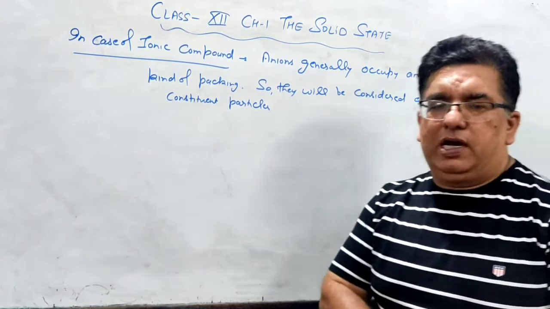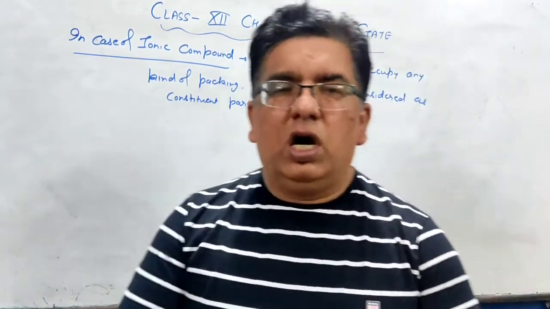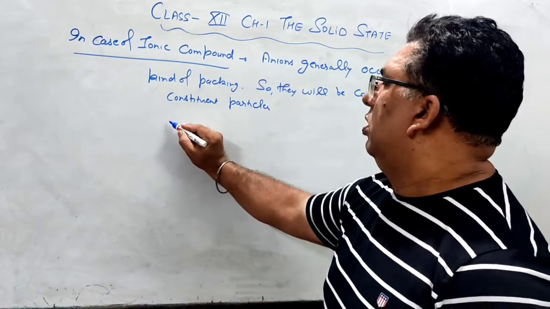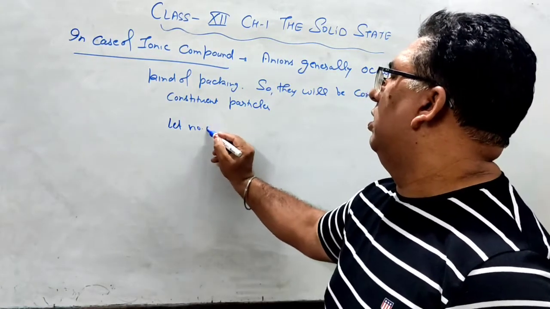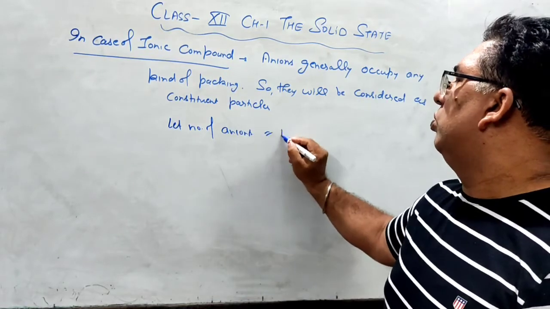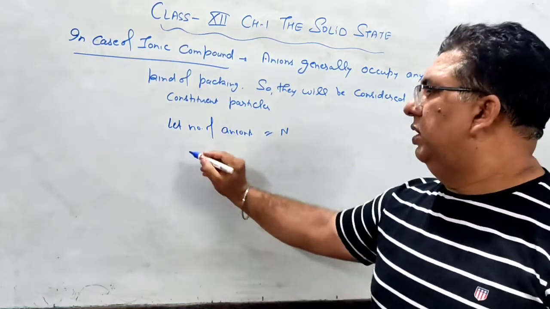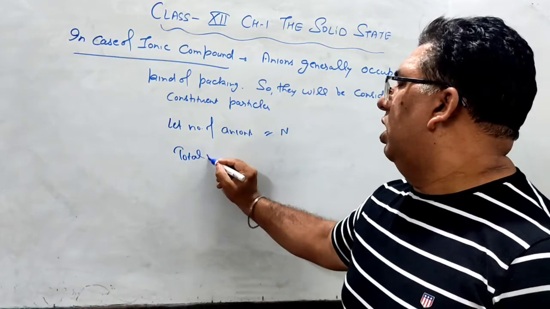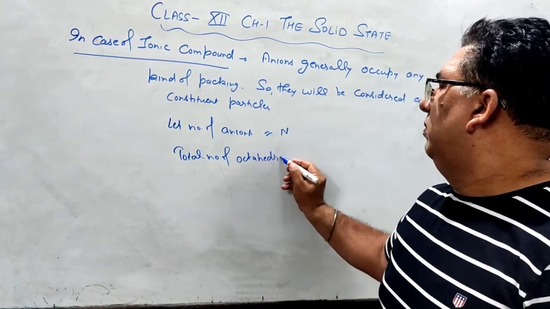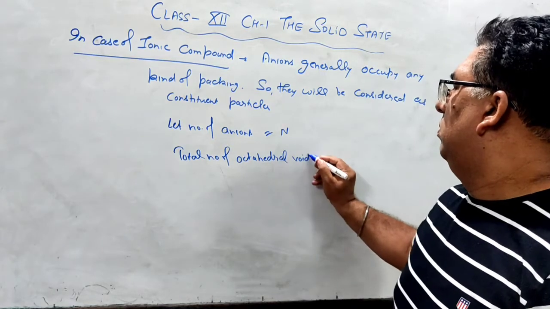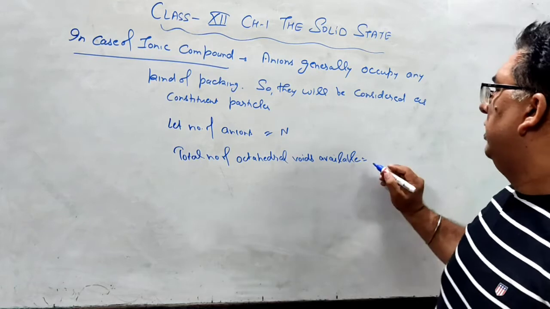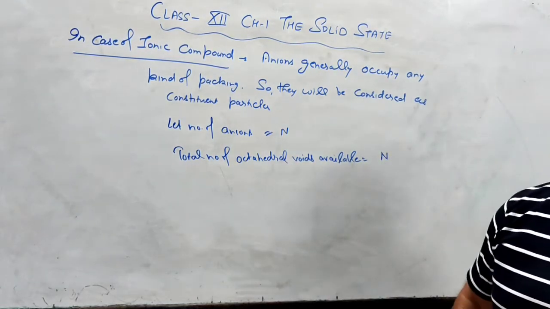तो इसका मतलब क्या है? In case of ionic compounds, anions will be considered as constant particles. Let number of anions is equal to n. Then total number of octahedral voids available will be equal to number of anions, so that will also be equal to n.